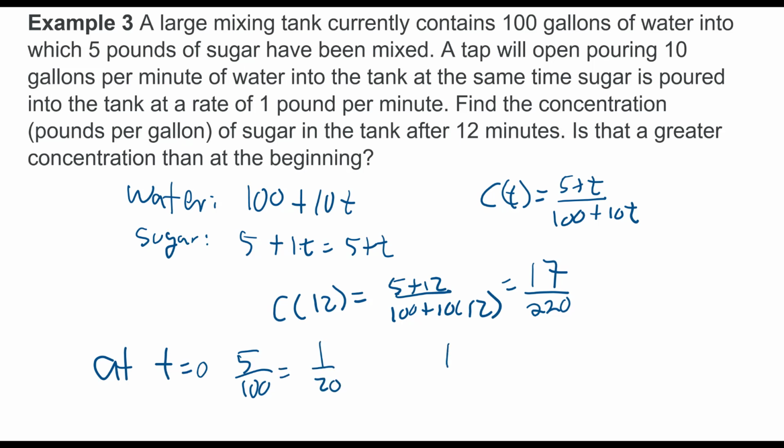So what's bigger, 17 over 220 or 1 over 20? We could just do that old thing where we cross multiply. 17 times 20, I've got my calculator.